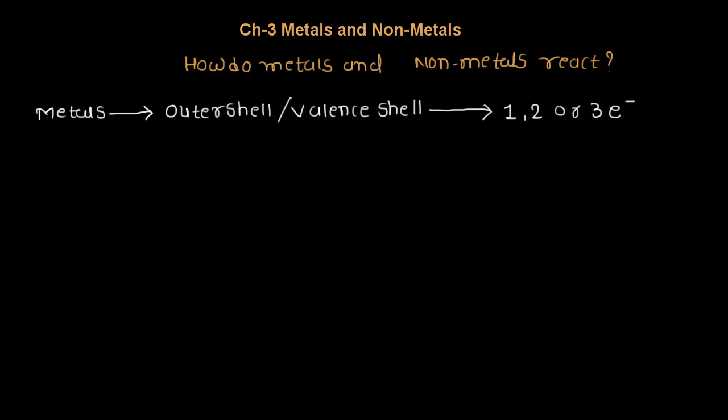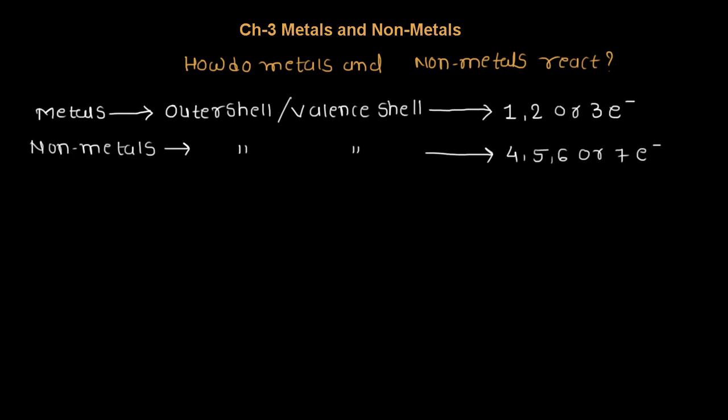In metals, in their valence cell, there are 1, 2 or 3 electrons. Let us talk about non-metals. In their outer cell or valence cell, there are 4, 5, 6 or 7 electrons.